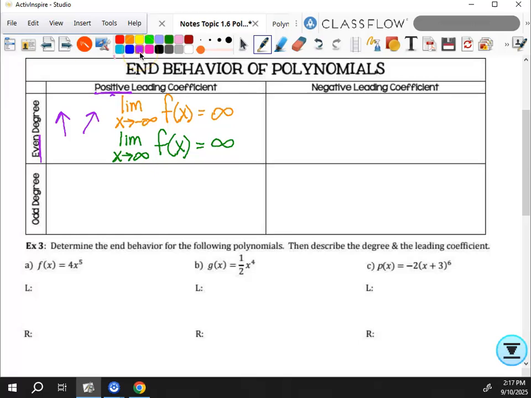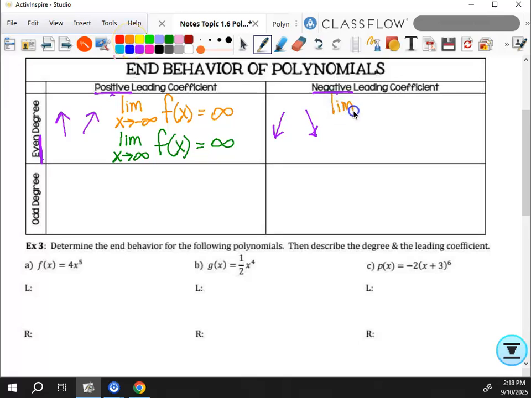All right, so now if I have a negative leading coefficient, right-hand side goes to negative infinity. Negative leading coefficient, even degree, left side is the same. Do you understand how I'm coming up with those? Okay. Then let's write our limit statements.